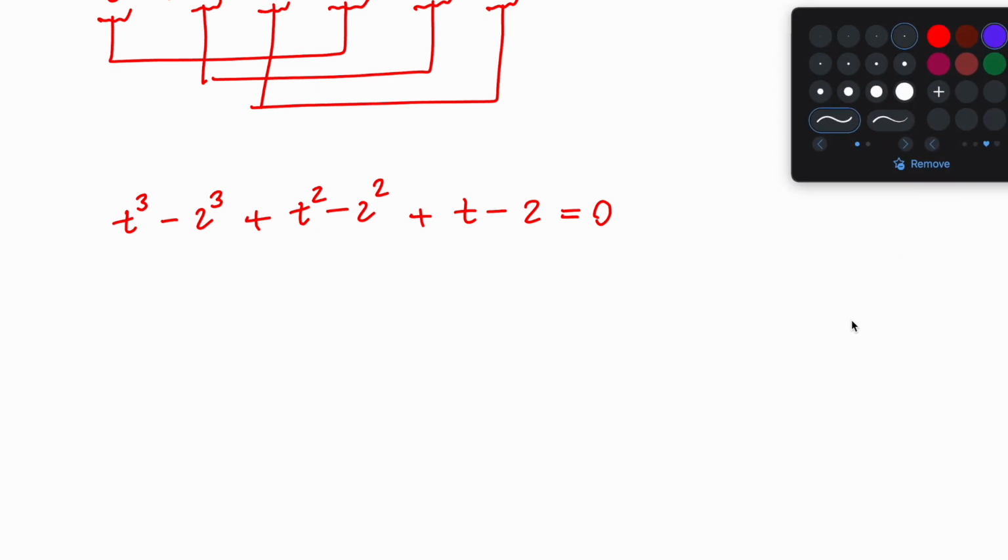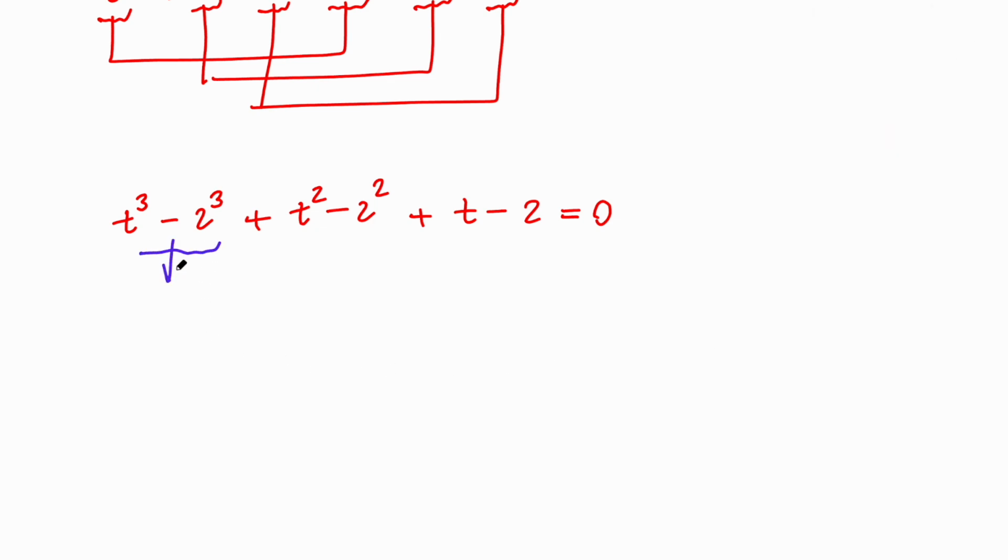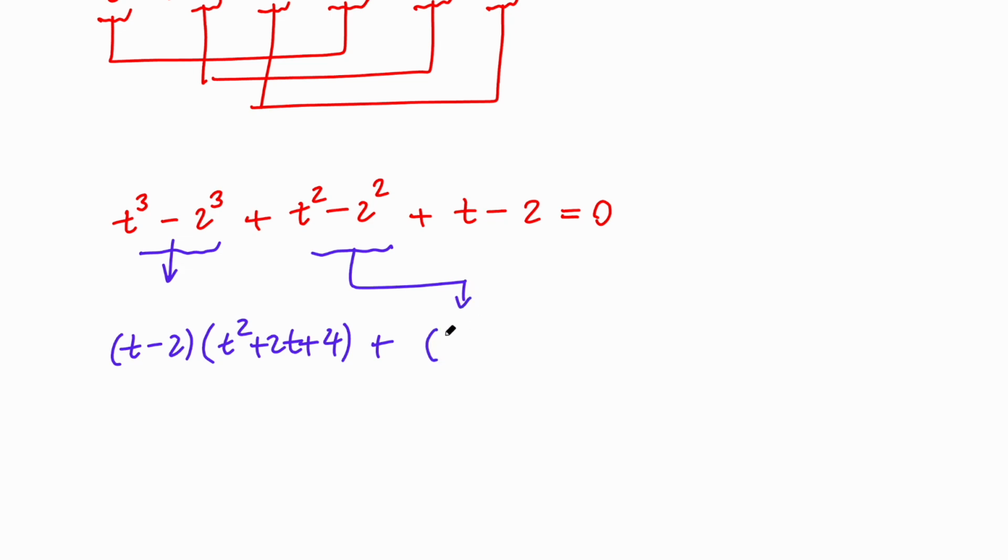So I can go ahead and factor this out into t minus 2 times t squared plus 2t plus 4. And then I can factor out these two into t minus 2 times t plus 2. And we have t minus 2 over here.